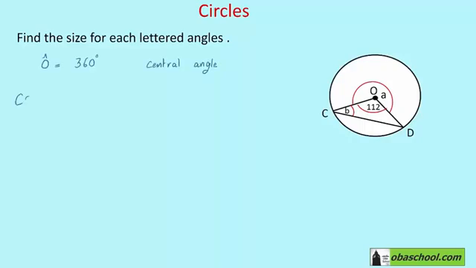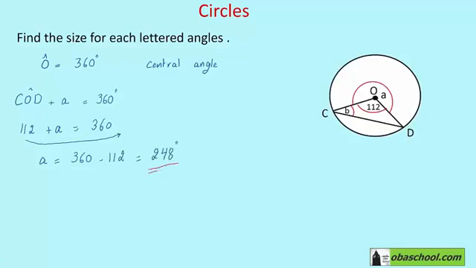And we already know that the central angle of a circle is 360 degrees. So, COD plus A is equal to 360, which means that 112 plus A is equal to 360, and then isolate A to find the measurement of A. A is equal to 248 degrees.